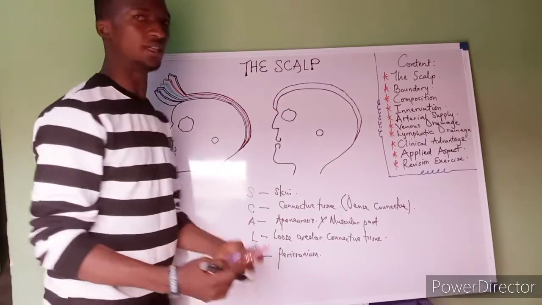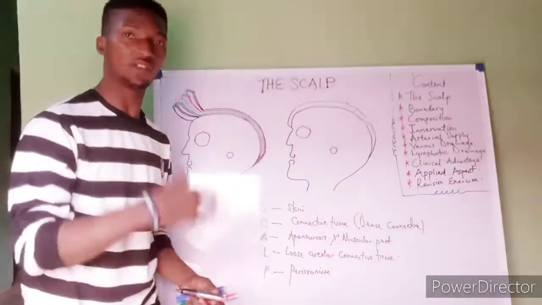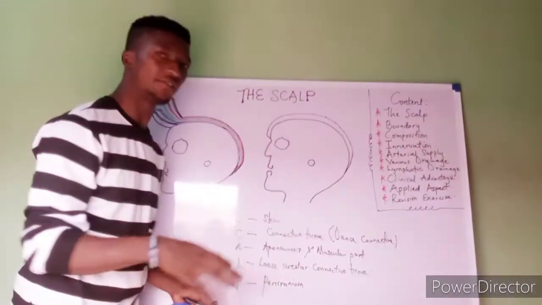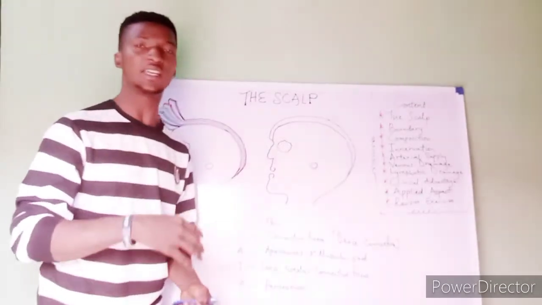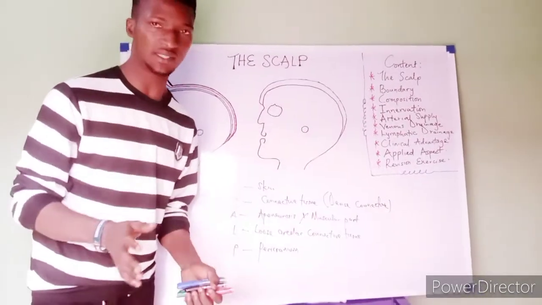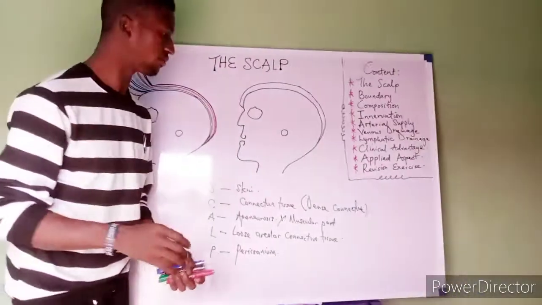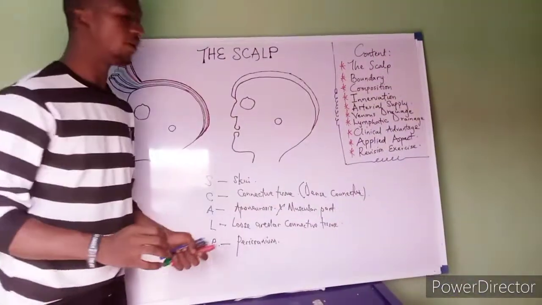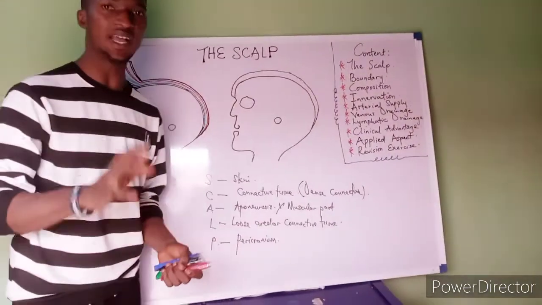When you talk about the skin, that is the outermost covering of the body. Here we have the hair, and the glands, that is the sweat gland and the sebaceous gland, in the regions of the skin. When you talk about the connective tissue, that's the dense part.